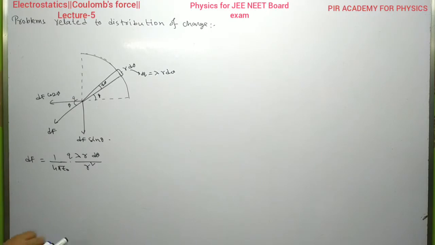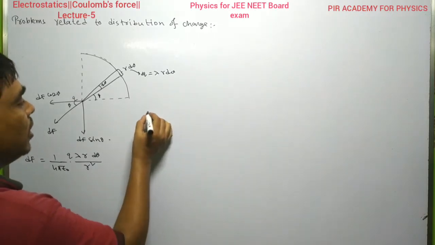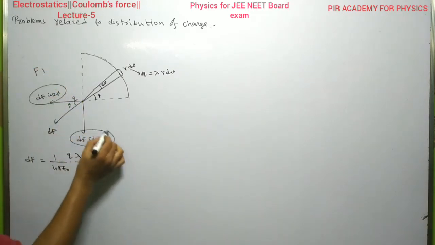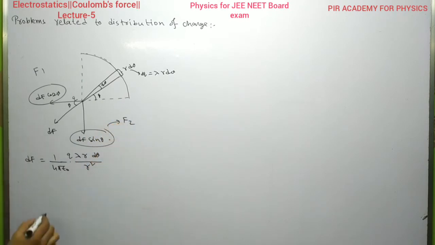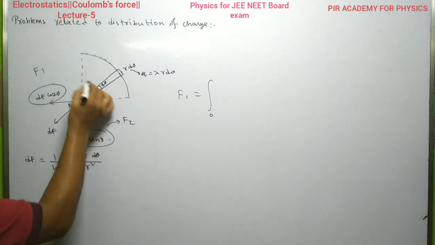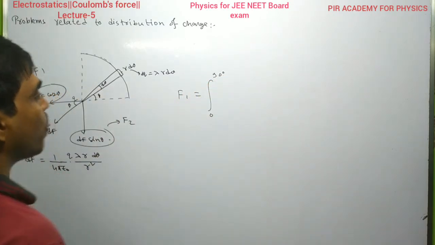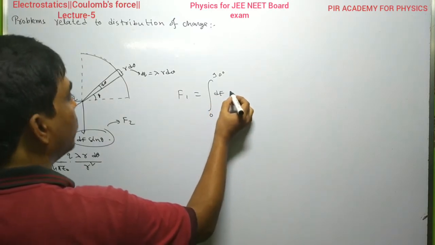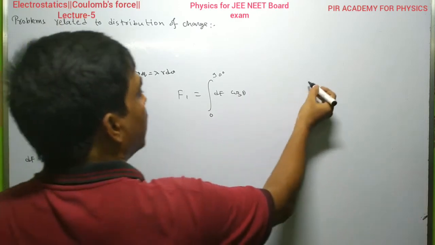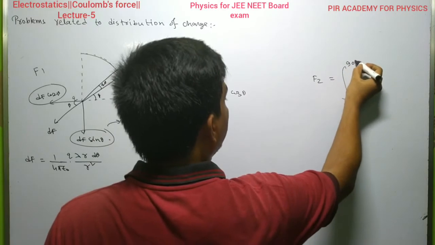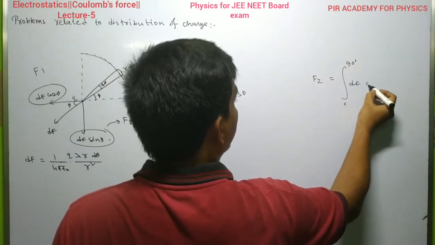If I take the total cos component, the total force, that means if I take this component as F1 and this component as F2, then F1 will be the integration from 0 to 90 degree of dF cos θ, and another integration is F2, which will be 0 to 90 degree of dF sin θ.